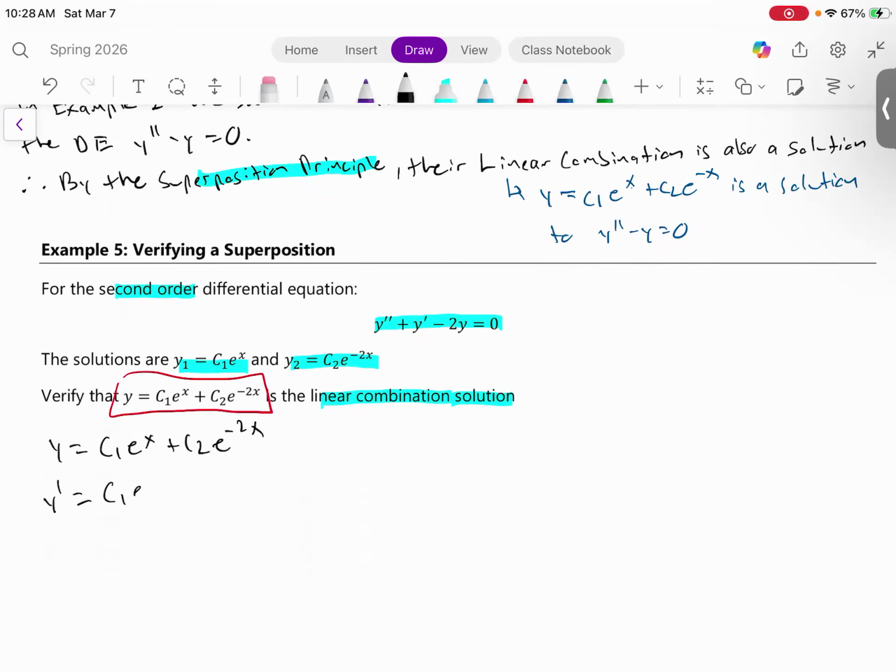The c1 e to the x stays the same, and for the derivative of my second term, I have to be careful with the chain rule. This would be negative 2 c2 e to the negative 2x. And we take a second derivative. Once again, c1 e to the x stays the same, and for the second term we need to be careful with the chain rule again. This ends up being 4 c2 e to the negative 2x.